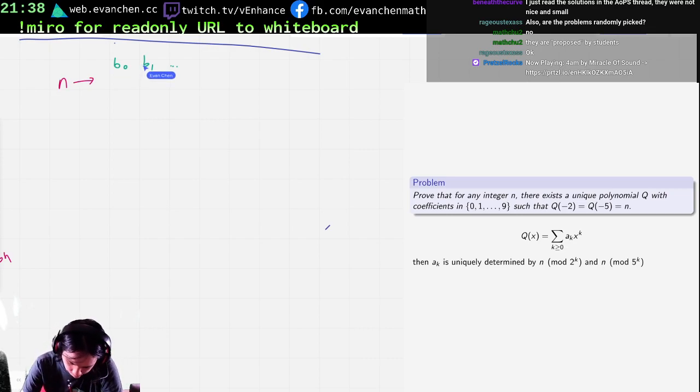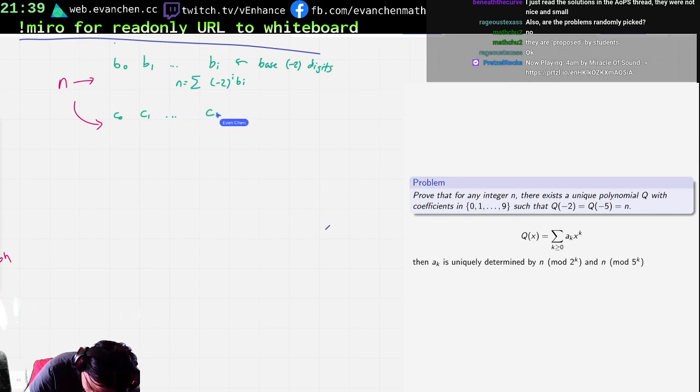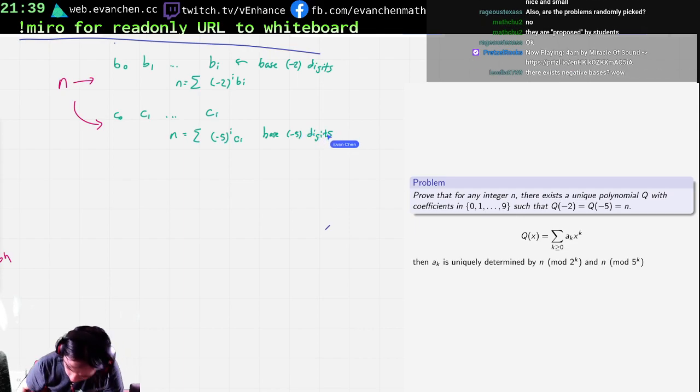And these are the base -2 digits, meaning that n is given exactly by the sum of (-2)^i times b_i. And on the other hand, n is also given by some c_i, meaning n is given exactly by the sum of (-5)^i times c_i. I don't like this setup already, because when I try to collate them together, it's going to mutilate some of the numbers.